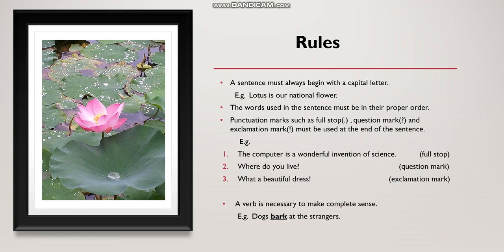So bark is showing the action. So bark acts as a verb in the given sentence. And a verb is necessary to make complete sense. I repeat, a verb is necessary to make complete sense. So you should write a sentence having a verb with it.